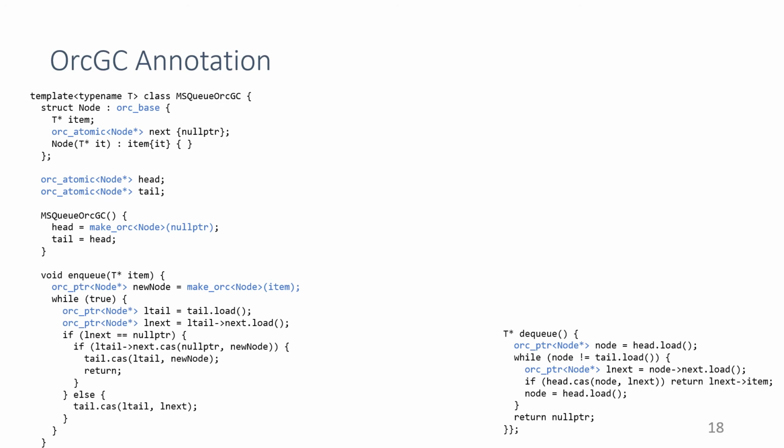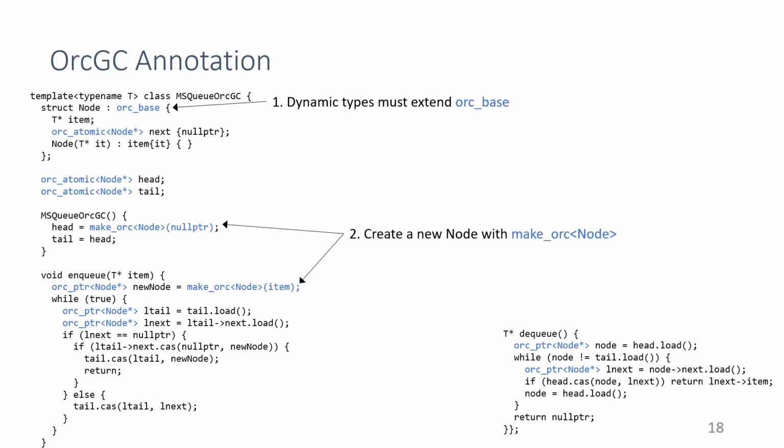This is an example of how to annotate the Michael and Scott queue with OrcGC. So the node must extend OrcBase. Every time a new node is created, instead it must call make_orc.